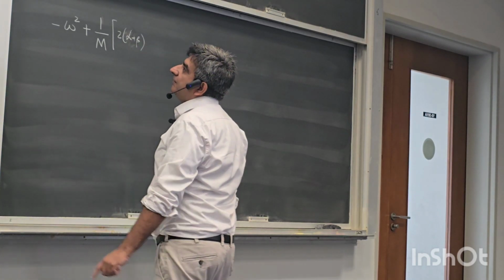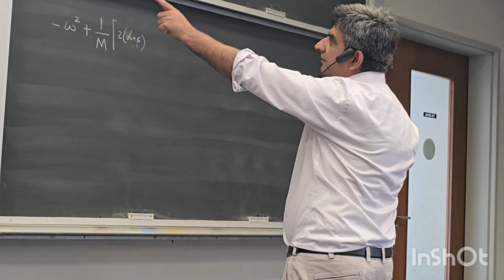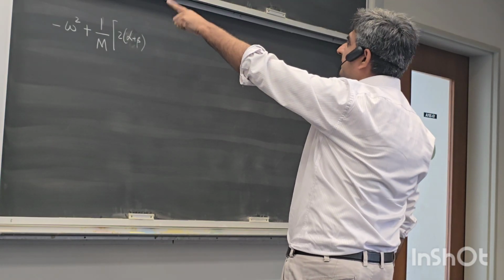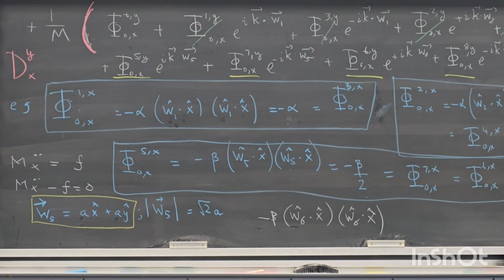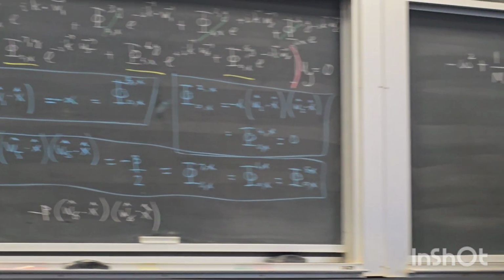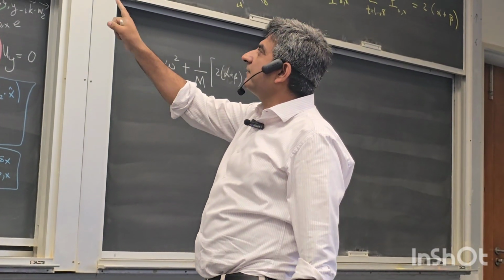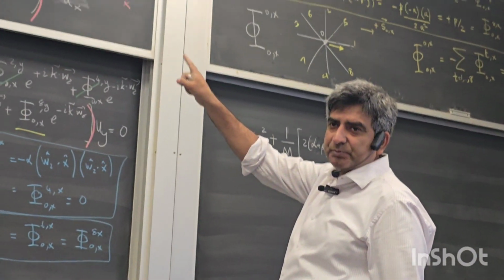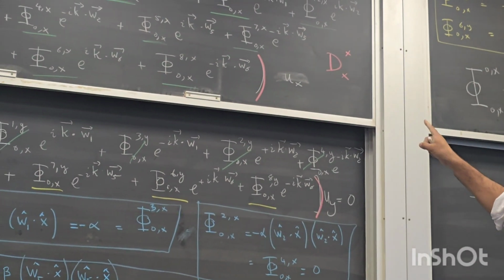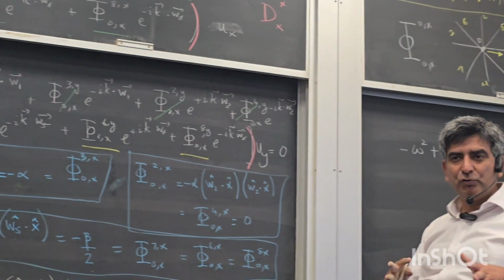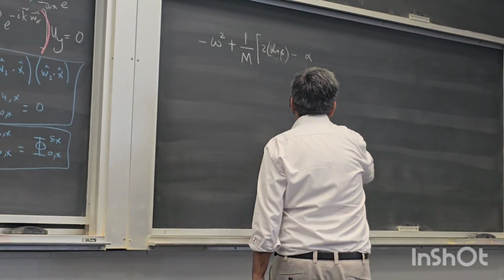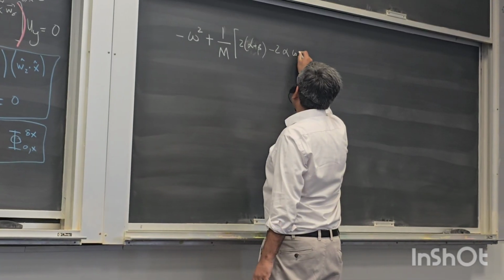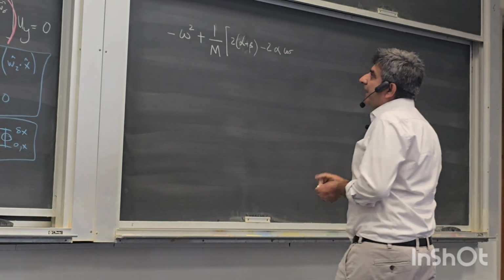plus, now let's look at phi 0x 1x and phi 0x 3x. This is minus alpha. Minus alpha. Now the exponential factors, once I have kw1 in the exponent with an iota, and then I have minus i kw1. So this gives me 2 cosine of kw1. So I get 2 alpha cosine of kw1.